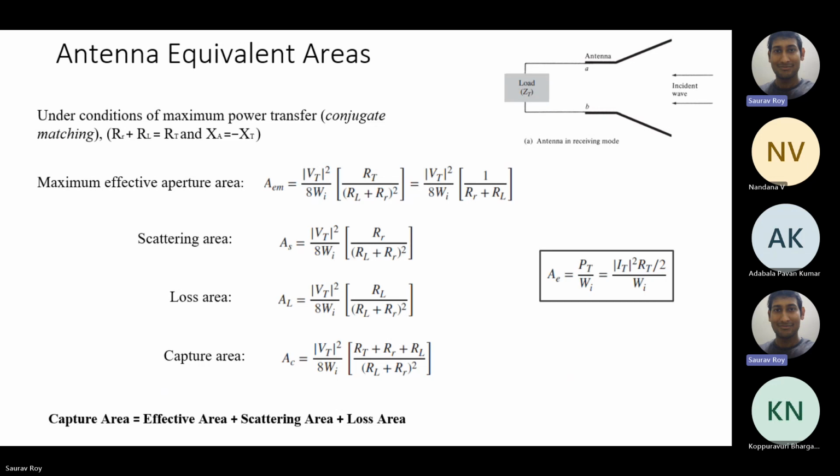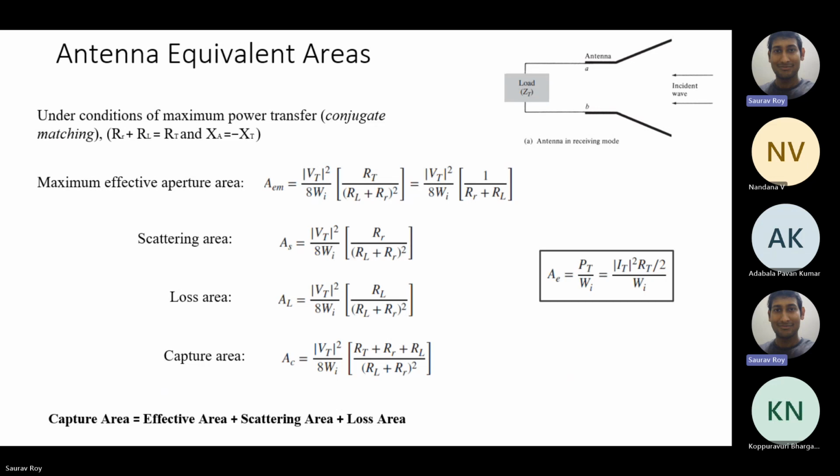Before that, I would like you to see the equation in the box on the right side. How are these areas all connected, and why are they vital? If you remember, yesterday we discussed the power density, which is Wi.